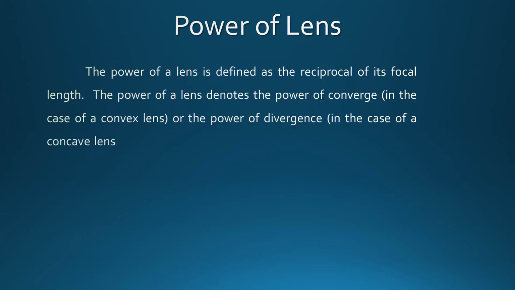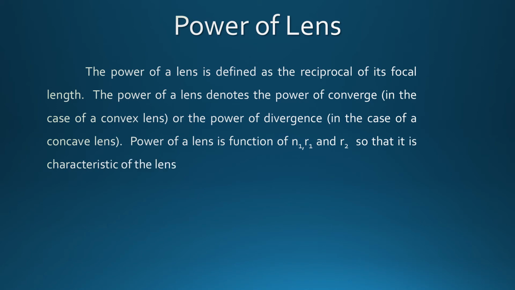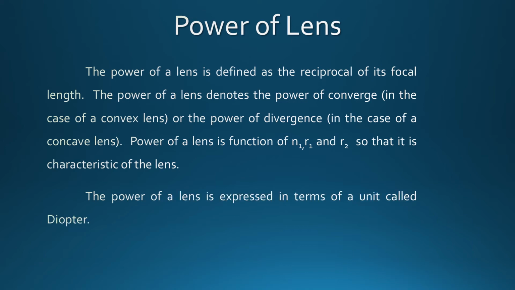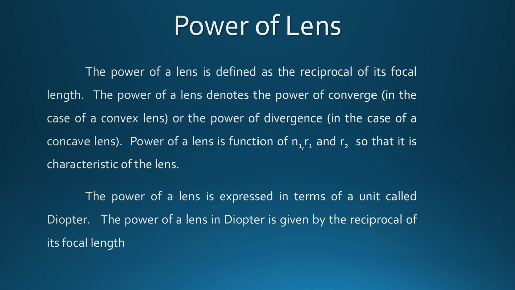The power of a lens is a function of n1, r1 and r2, so it is a characteristic of the lens. The power of a lens is expressed in a unit called diopter. The power of a lens in diopters is given by the reciprocal of its focal length in meters.